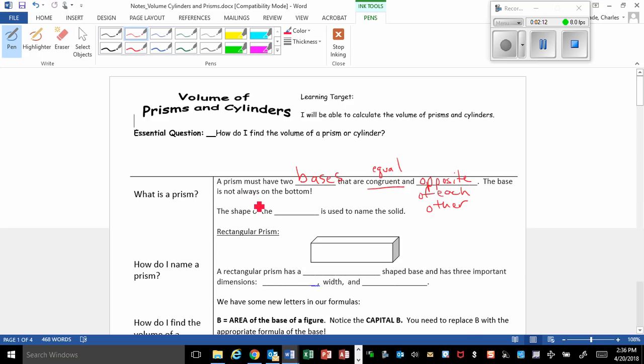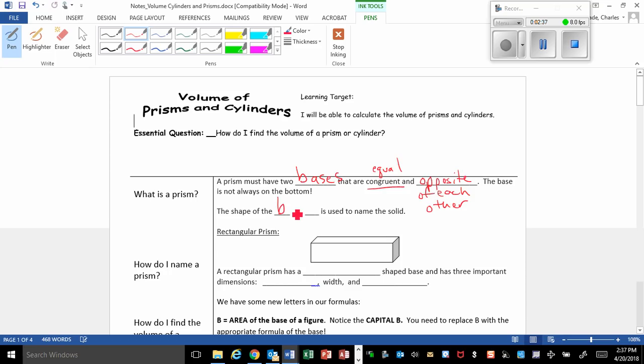The base is not always the bottom, meaning it might be laying on its side. Technically, it is the bottom and the top, but it might be laying on its side, like this particular figure. So it doesn't necessarily mean that it's the bottom of the shape as you see it. Now, we use that base to name it.